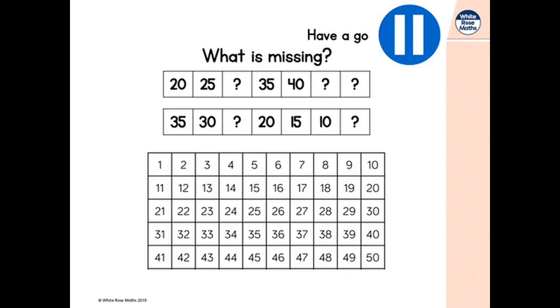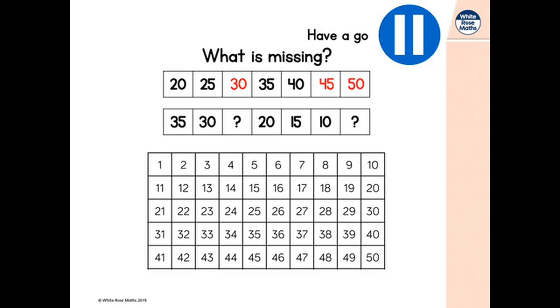Okay, are you ready to fill in the number tracks? The top one starts at 20, then 25, so the numbers are getting bigger. We're increasing by 5 or counting by fives. 20, 25, 30 is next, 35, 40, then comes 45, and 50.